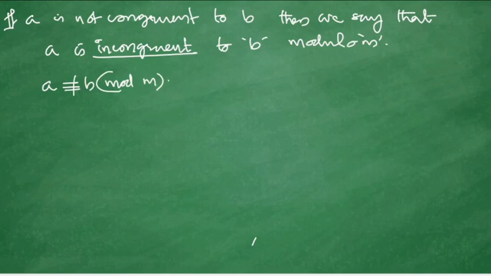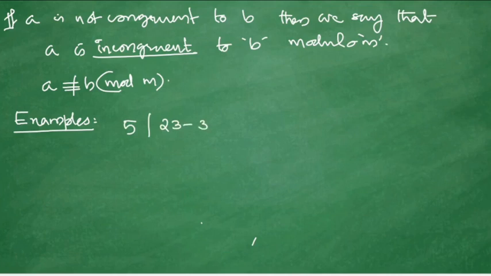Now let's look at some examples. 5 divides 23 minus 3, hence 23 is congruent to 3 modulo 5.